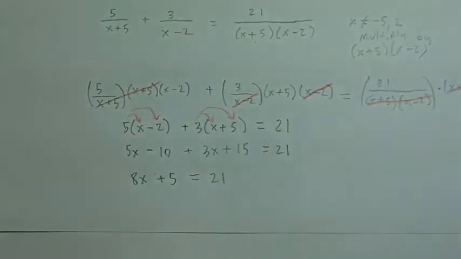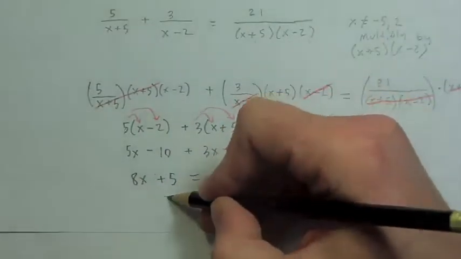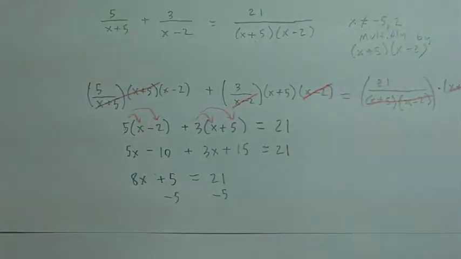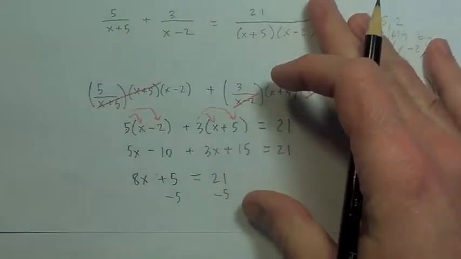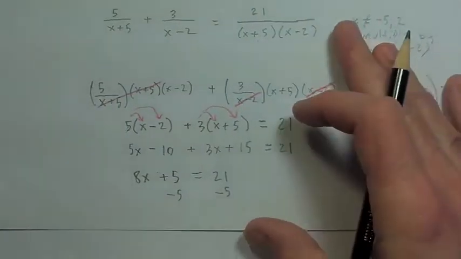All right. So now I don't need to move the x's because they're all on one side already. I just need to move the 5. So that's going to give me a 16. Yeah, 16.